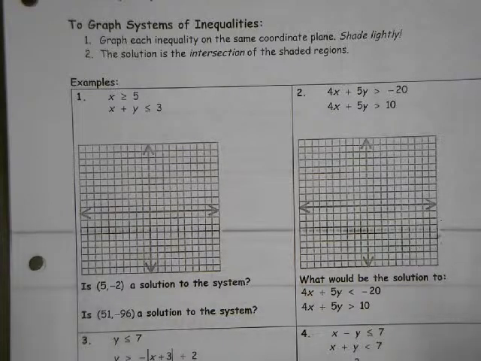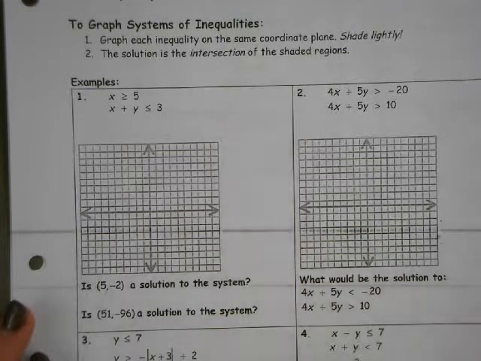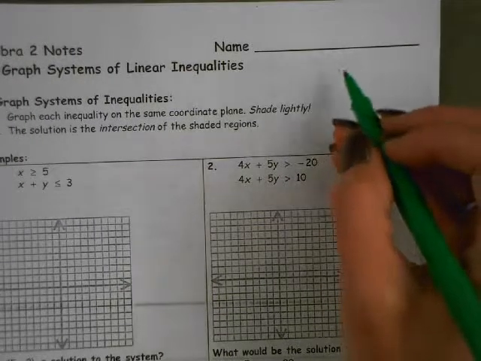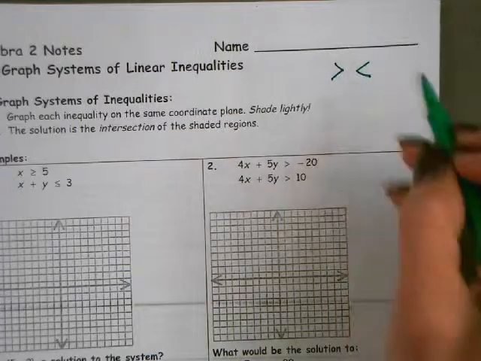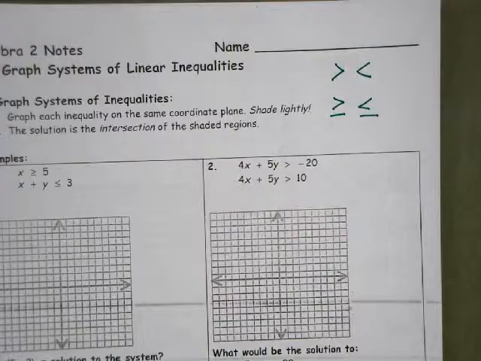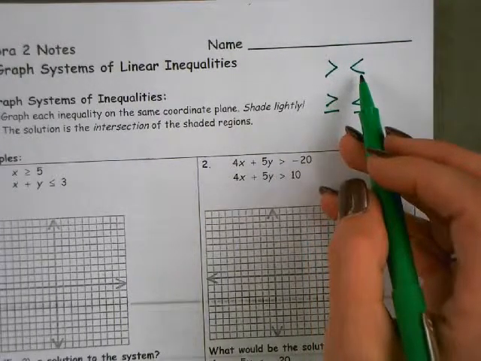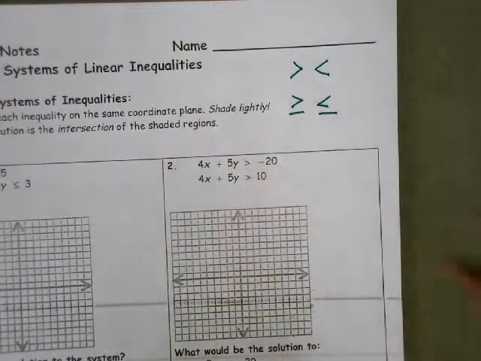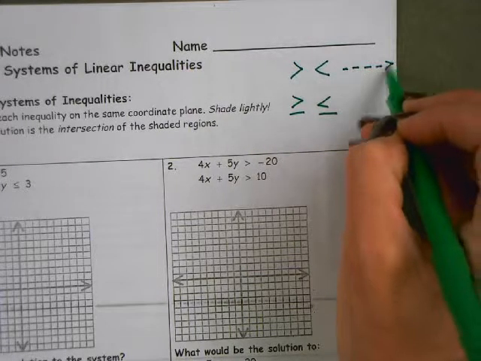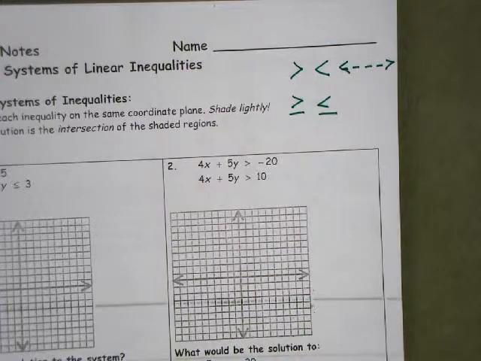So a couple things. Let's remind ourselves on inequalities. When you graph an inequality, you have four signs you can see: a greater than, a less than, a greater than or equal to, or a less than or equal to. When you have a greater than or less than, you are going to draw your line like this with little dots or dashes, whichever way you like better.